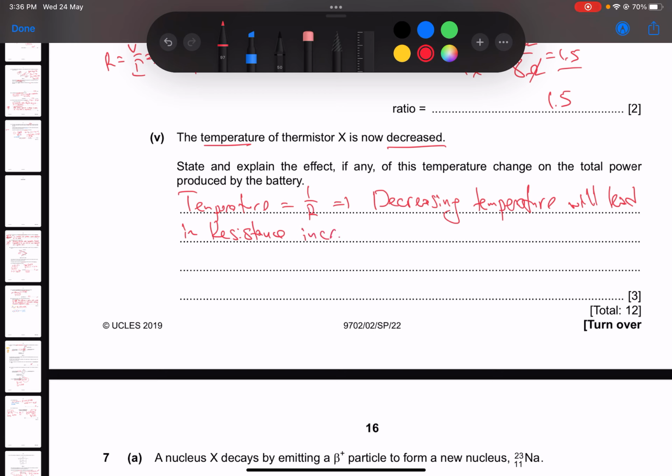Okay, increasing resistance, how will it affect the power of the battery?